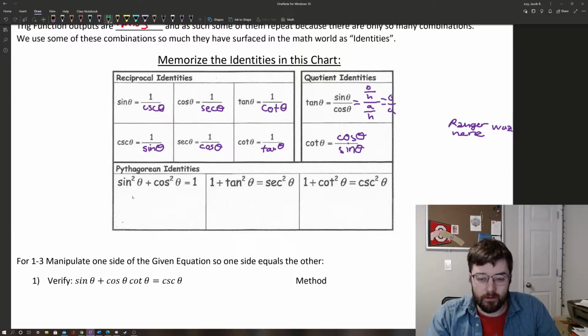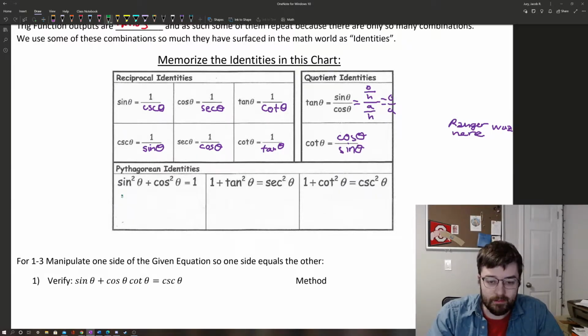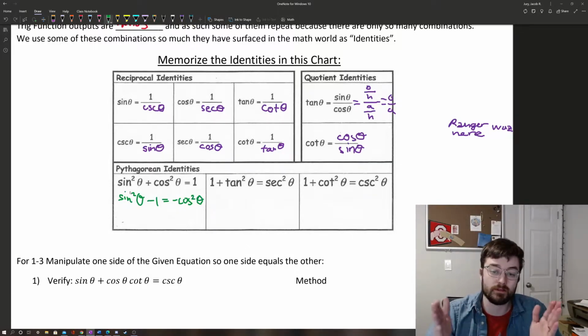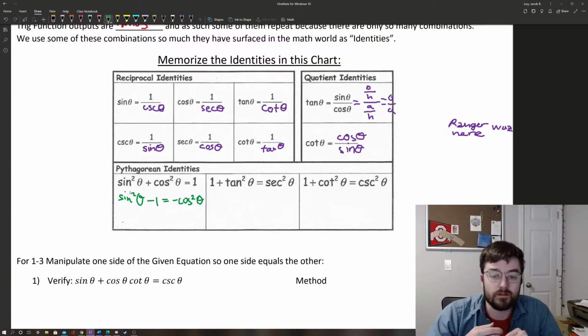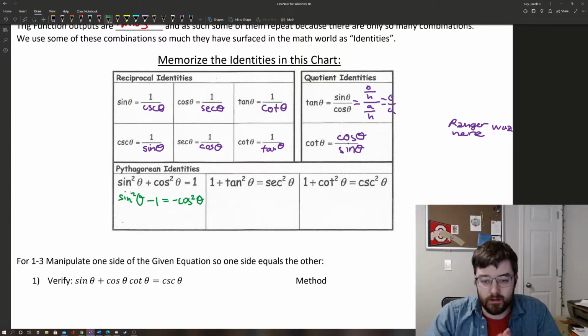So if we see these when we're dealing with expressions, we might see them as sine squared theta minus 1 equals negative cosine squared theta, for example. We can, in other words, rewrite and rearrange these Pythagorean identities so that they're a little bit easier to deal with.